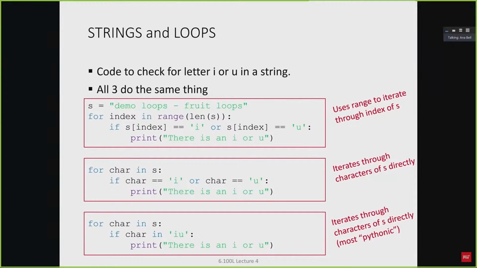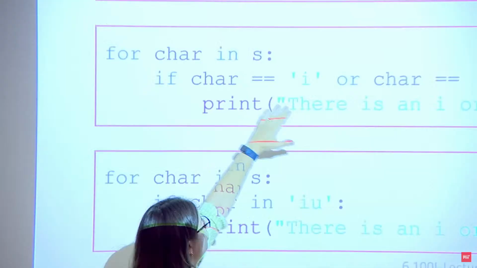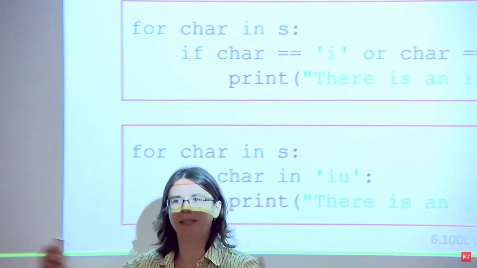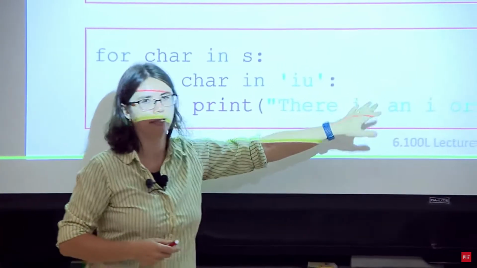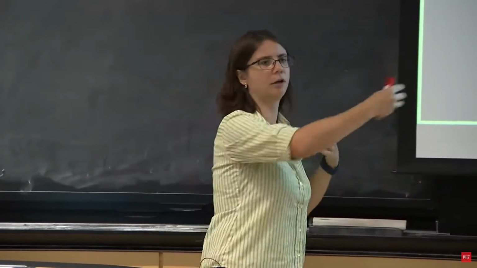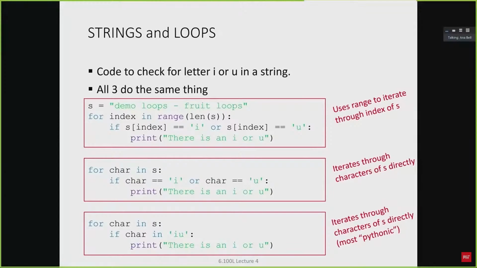Because in the middle box, we could do if char is equal to I or char is equal to U, which is fine. But if we wanted to test if the character is one of the digits 0 through 9, this if-or would become a really long line, right? So all we can do is, if char is in some particular sequence of characters, Python will automatically turn that into the longer if it's this, or if it's this, or if it's this, and so on. Okay.